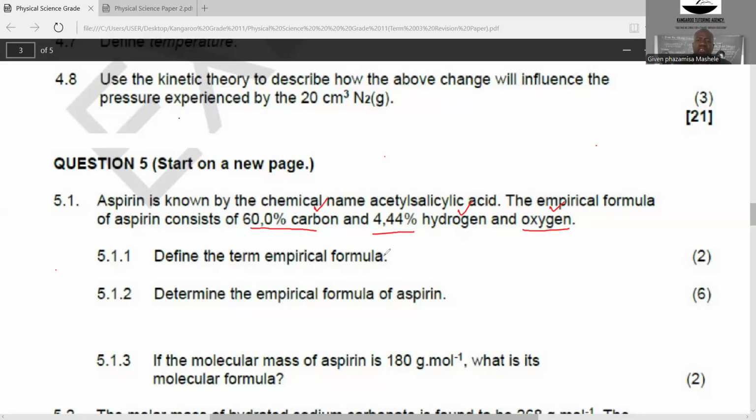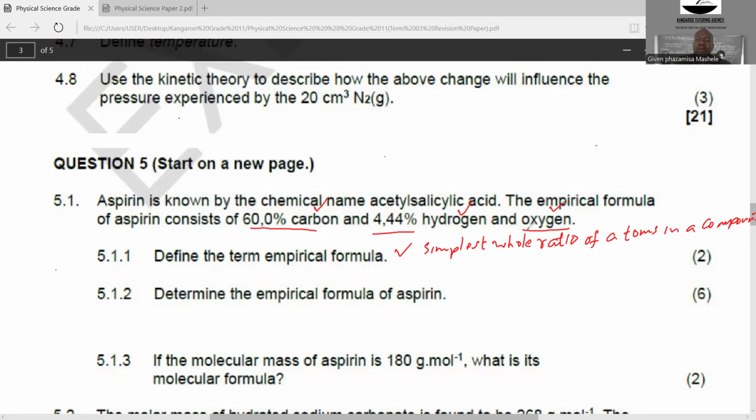So the first question says, define the term empirical formula. Empirical formula is the simplest whole number ratio of atoms in a compound.